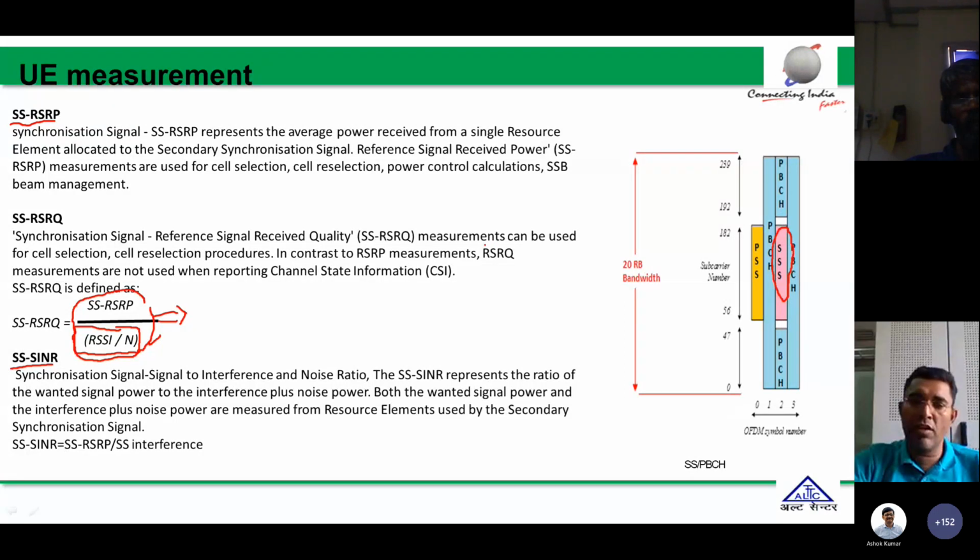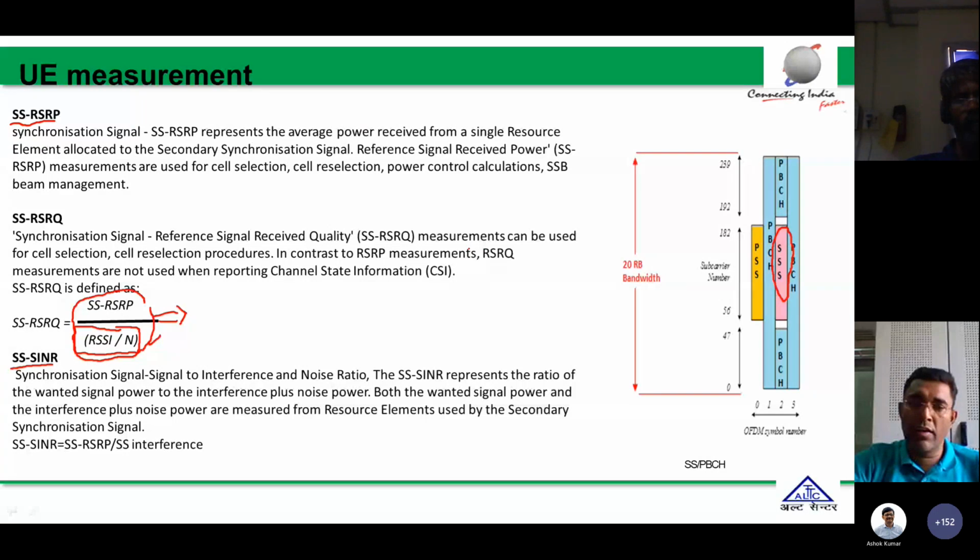In 4G, all the resource elements for the CRS are different for different cells based on the PCI, the physical cell identity, where there is no interference.